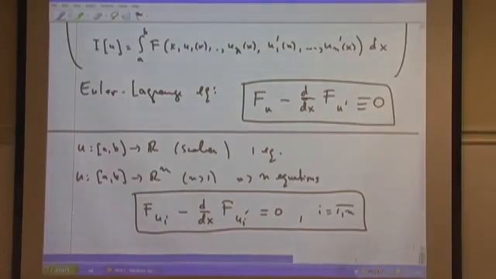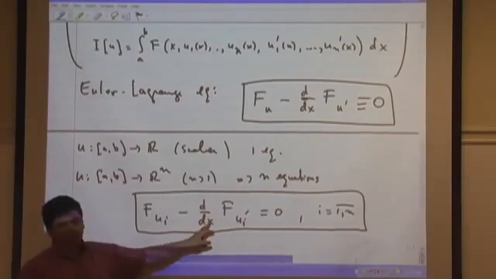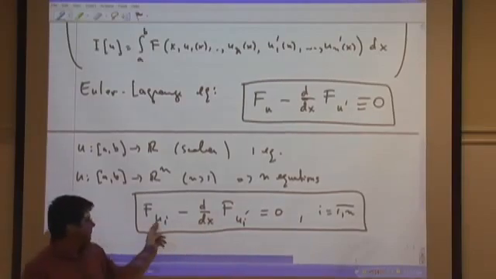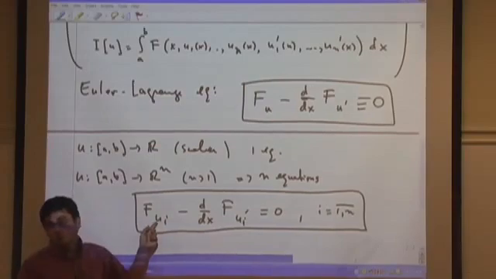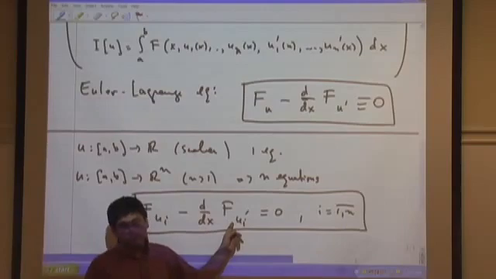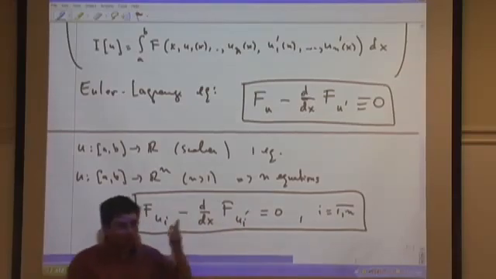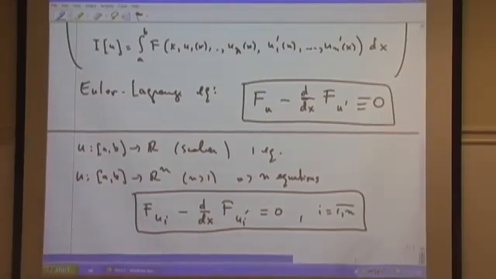In physics, this is kind of used a lot. Many times x is really t, because that's time. The position is usually called xi, and the derivative of the position would be the velocity or the momentum, and they're called pi. Okay, just in case you've seen that in physics.